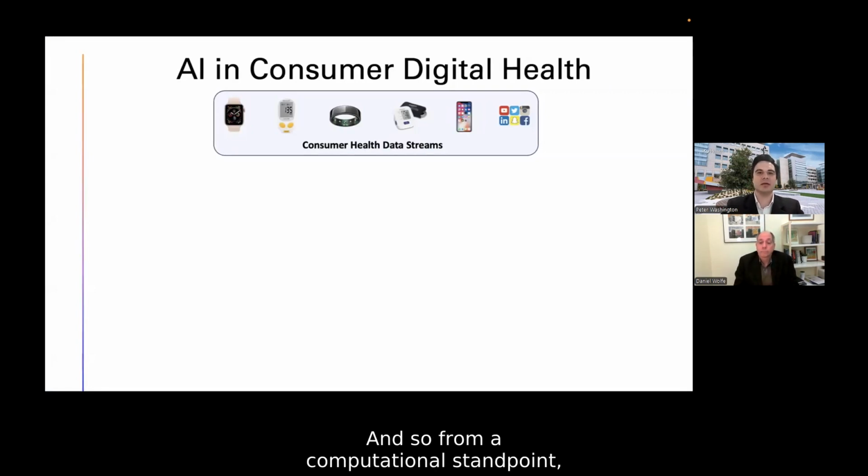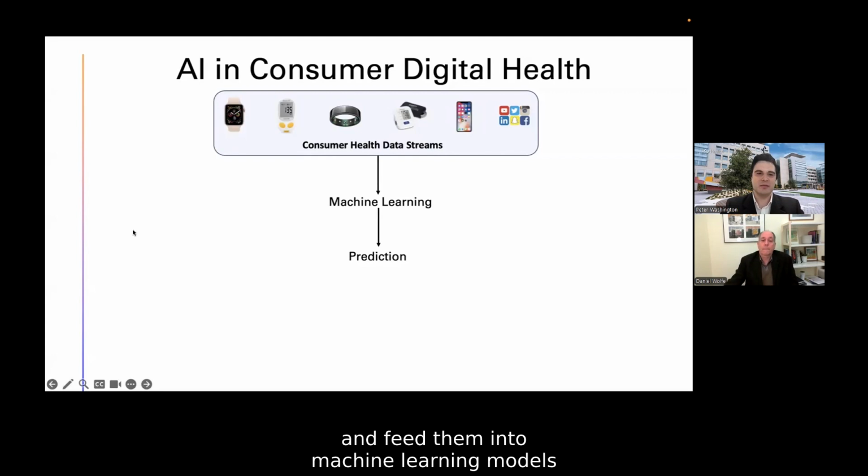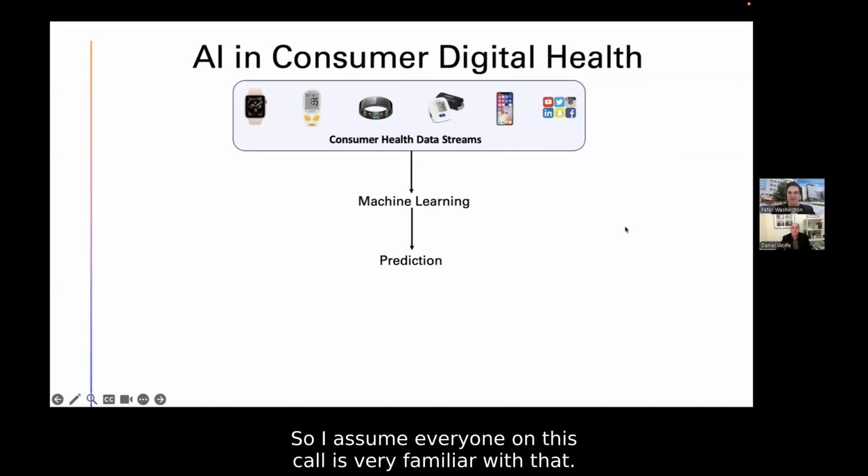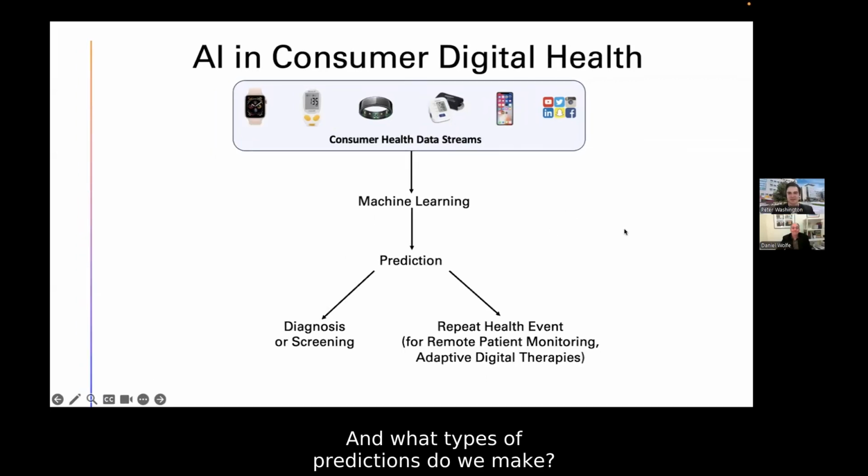And so from a computational standpoint, what we would like to do is to take these data and feed them into machine learning models that can make predictions. I assume everyone on this call is very familiar with that. And what types of predictions do we make?